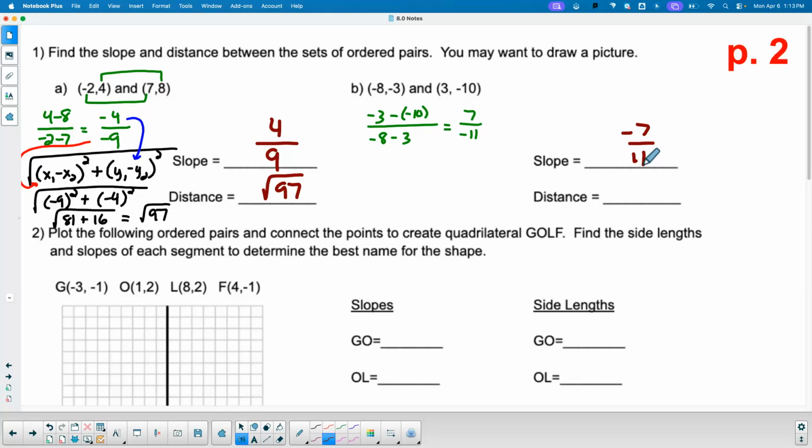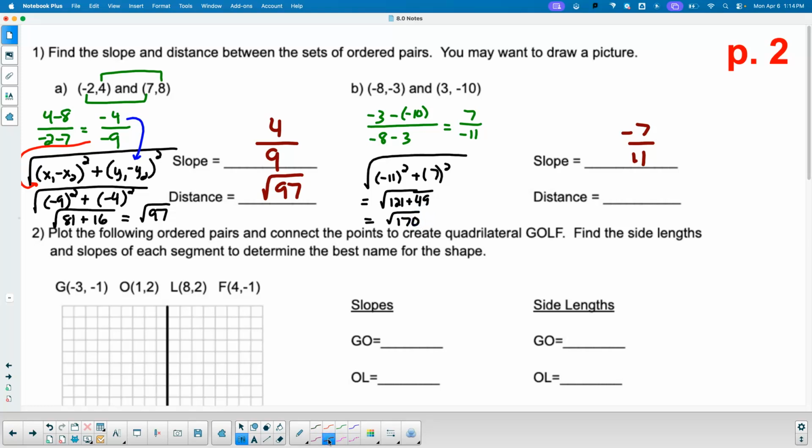Okay. And then my distance. That's going to be the square root of 170. That's 10 and 17.